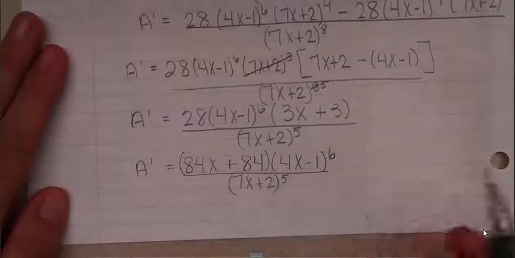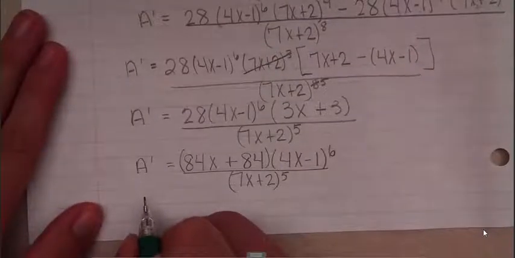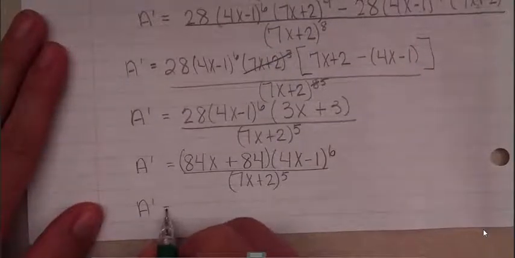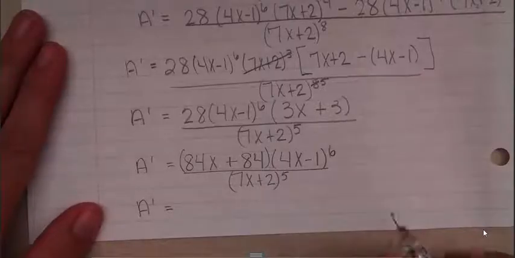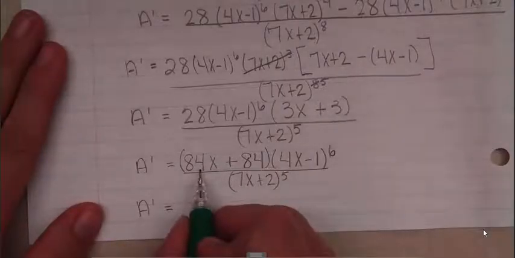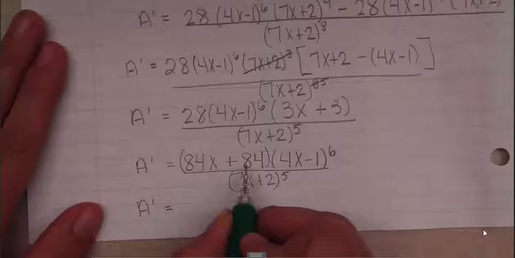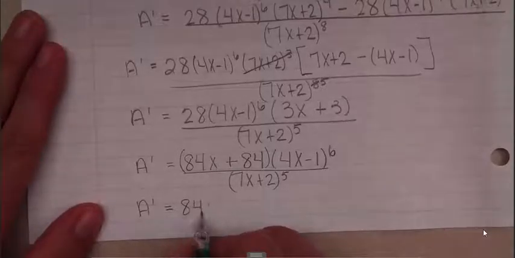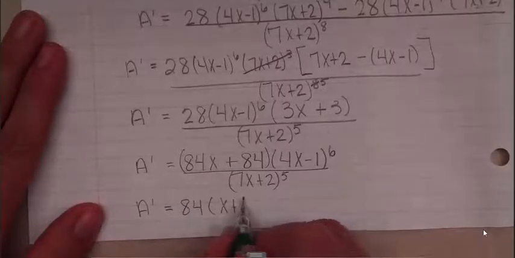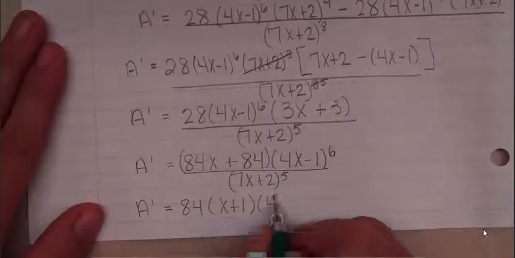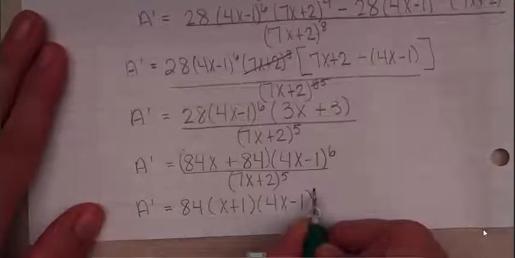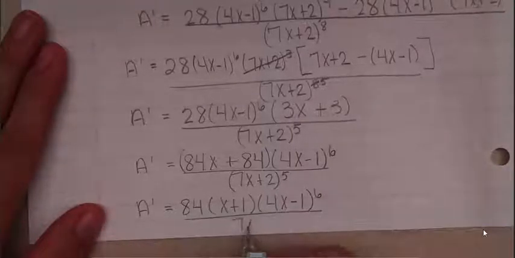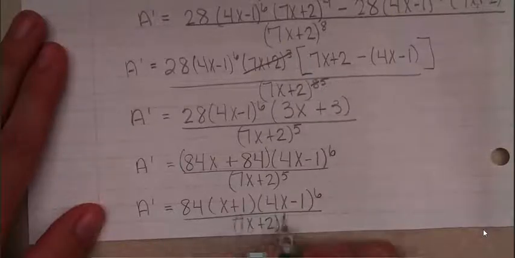And this can be simplified just a little bit more, just to take this one step further, just in case sometimes in the back of your book things can look a little bit crazy. So if we take 84 out of here, we'll be left with x plus 1, 4x minus 1 to the 6th, all over 7x plus 2 to the 5th power.